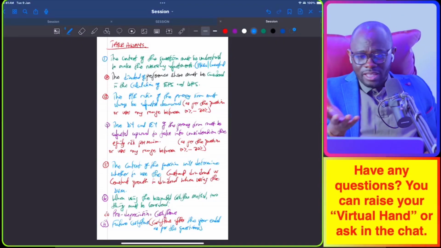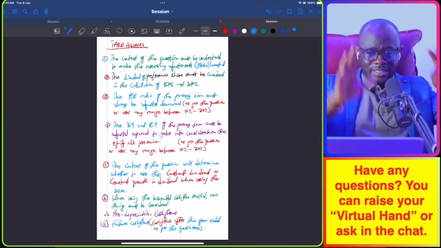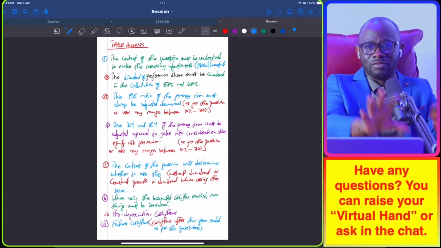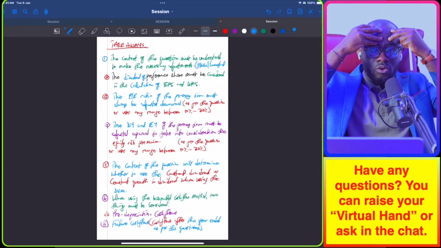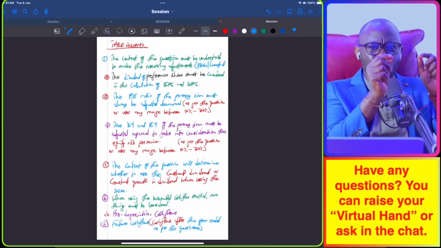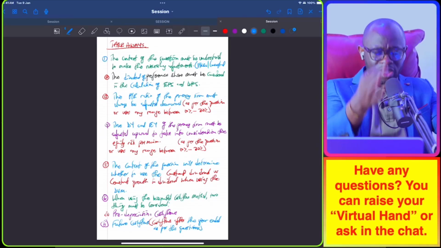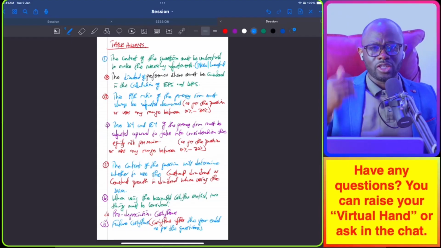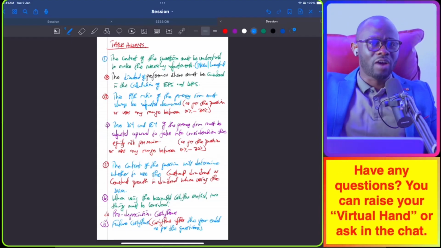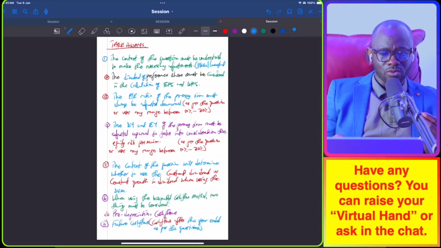Let this be by your side. This is your takeaway under business valuation. So when you pick any business valuation question, I need to pay attention to the context of the question. I need to understand what is going on. I must adjust the PE ratio, dividend yield ratio, unless otherwise I'm told not to, like in this question.